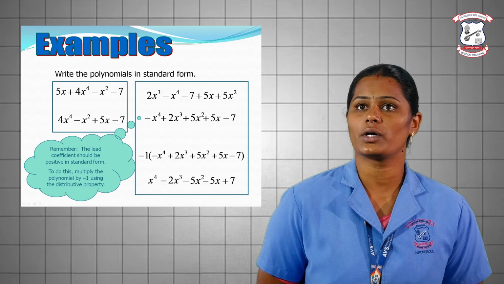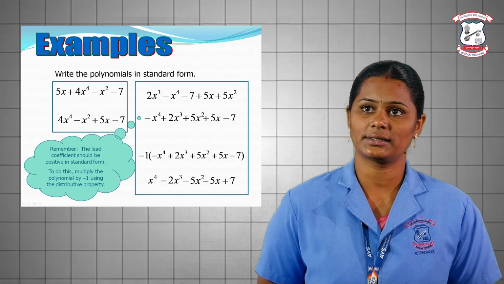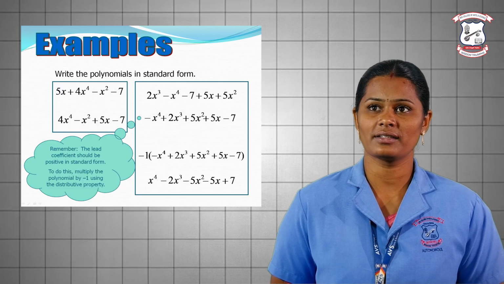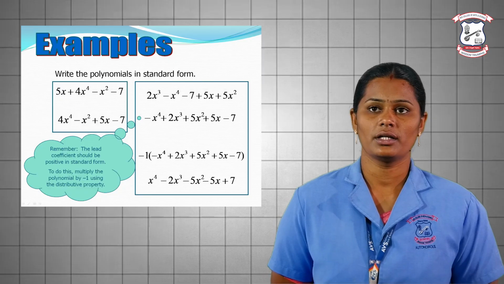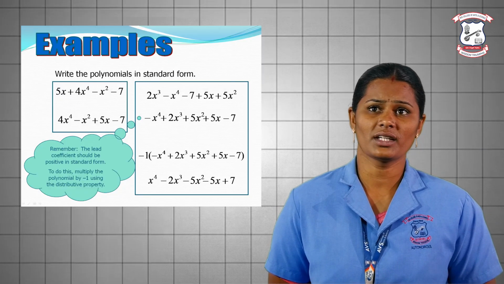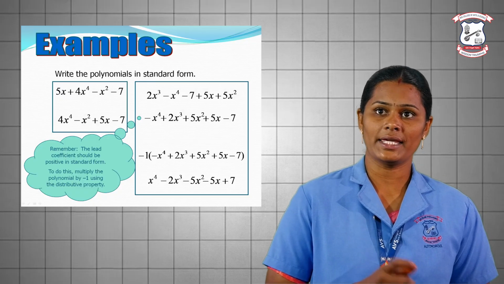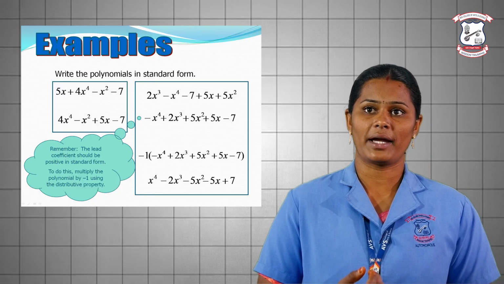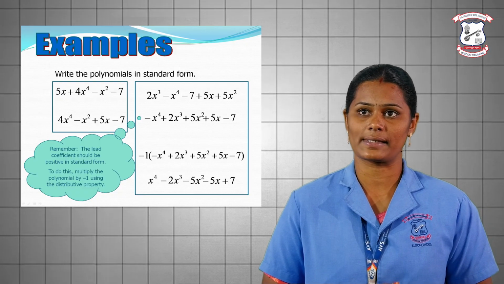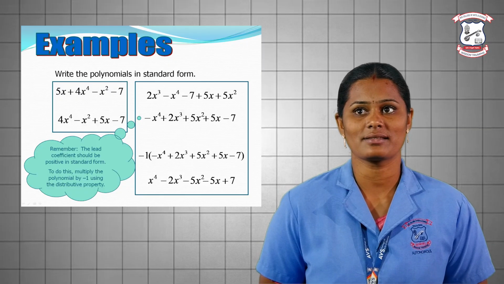And see the next one, 2x cube minus x power 4 minus 7 plus 5x plus 5x square. Here also they are giving a jumbled arrangement. Now we are going to arrange from the highest degree to the lowest degree. So minus x power 4 plus 2x cube plus 5x square plus 5x minus 7.